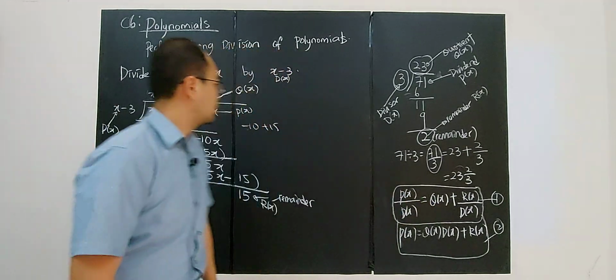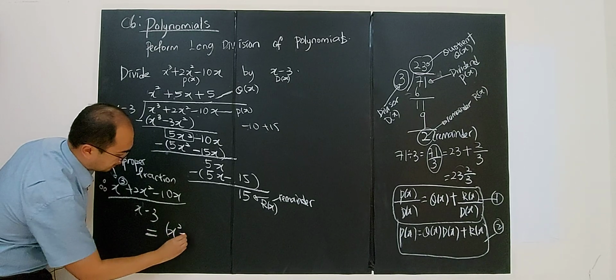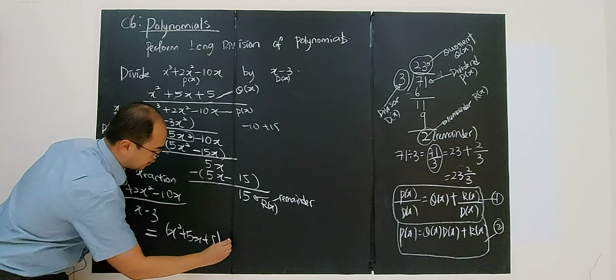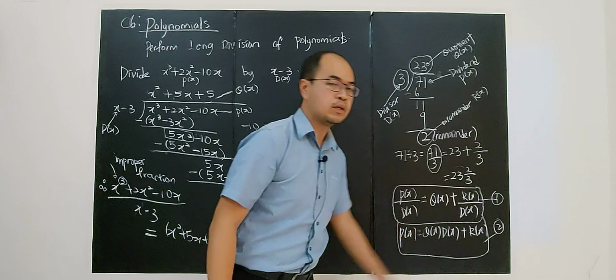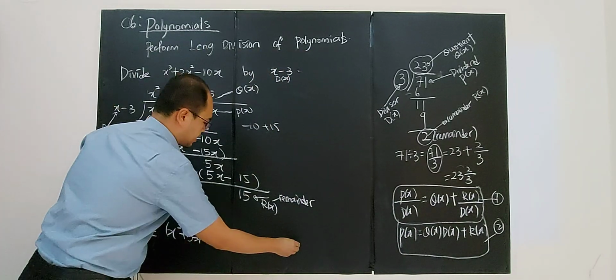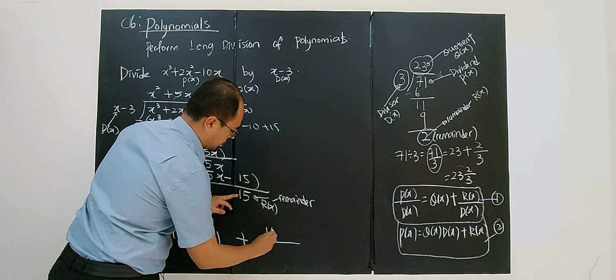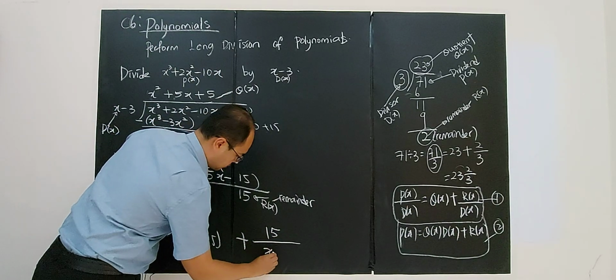Your quotient q(x) will be x squared plus 5x plus 5, plus the remainder over the divisor. So the remainder is 15, and the divisor is x minus 3.